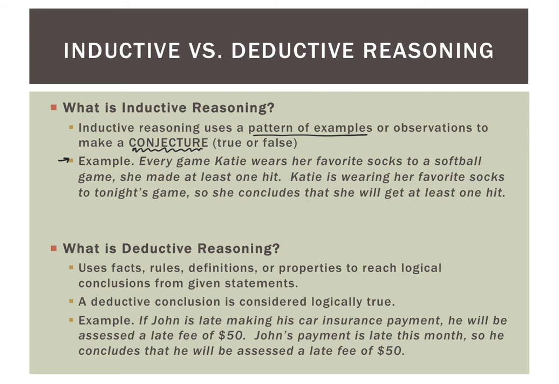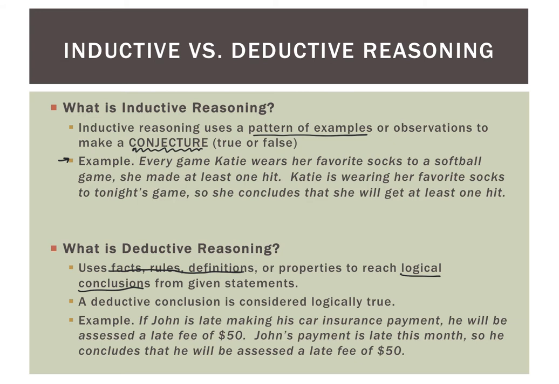Now, deductive reasoning is different. I think I described it to you last time as Sherlock Holmes. You use facts, rules, definitions, properties to reach a logical conclusion from given statements. Whereas with inductive reasoning, you observe the patterns and the examples, and then after observation, you make a conjecture, you make your educated guess.